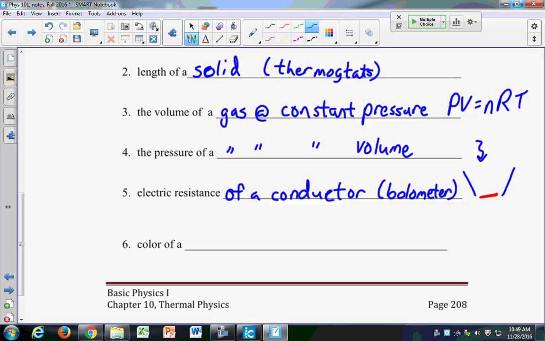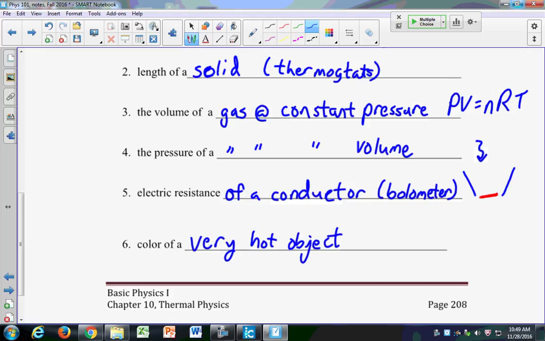And then finally, you can look at the color of a very hot object. This is how we measure the temperatures of stars. Stars have different colors because they have different temperatures. Also, if you've ever seen a fire, different parts of the fire are different colors: blue and orange and red and yellow.